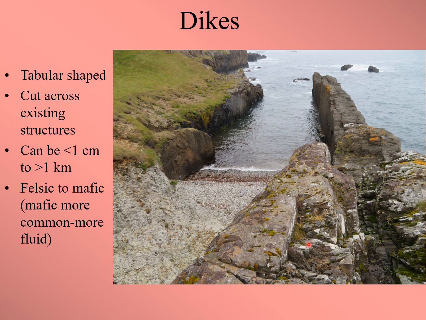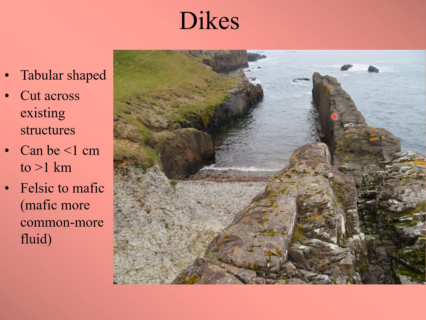And here's a beautiful example of a dike. I believe this is in Scotland. You can see that when it's exposed at the surface, it's a strong igneous rock, so it doesn't weather as much as whatever rock used to be here that it was intruding up through. And so that rock is long since gone, and now the dike is still remaining. So it's younger than the host rock that it intruded into, but it's much stronger, so it's more resistant to weathering.